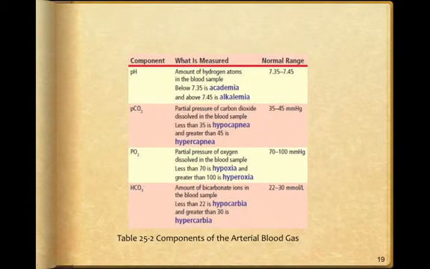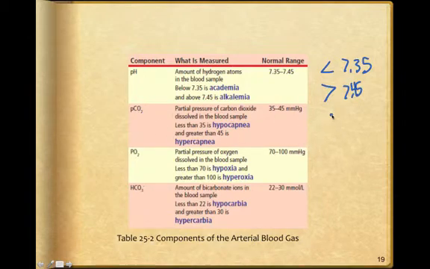These are arterial blood gases, and we've talked about these before in various slide sets. We'll talk about these more in diagnostics as well. But pH is the hydrogen ion concentration. Anything below 7.35 is acidic. Anything above 7.45 is alkalotic.